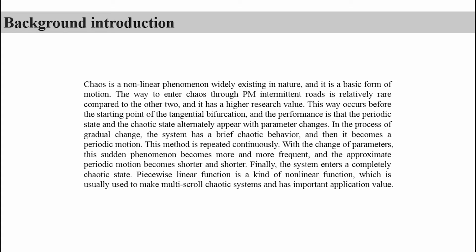The PM-type intermittent route was proposed by French scientists Y. Pomeau and P. Manneville, and it is also called the intermittent chaos route. The generation mechanism of the PM-type intermittent route is closely related to the tangent bifurcation.